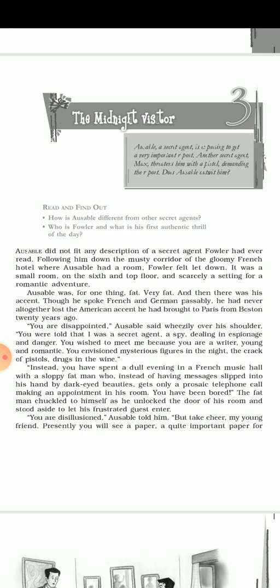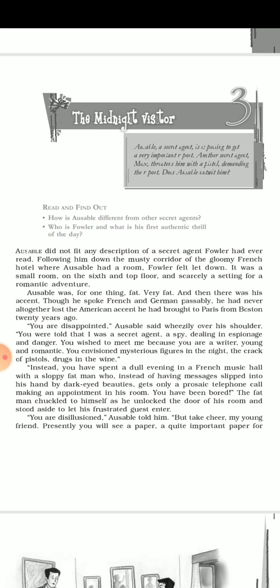He wants to snatch that report from Ausable by threatening him, as is clearly visible in the picture itself, right? He demands the report from Ausable by holding a gun at them. How these two characters, Fowler and Ausable, get into the same room and how they react to the situation, let's read in the storyline.